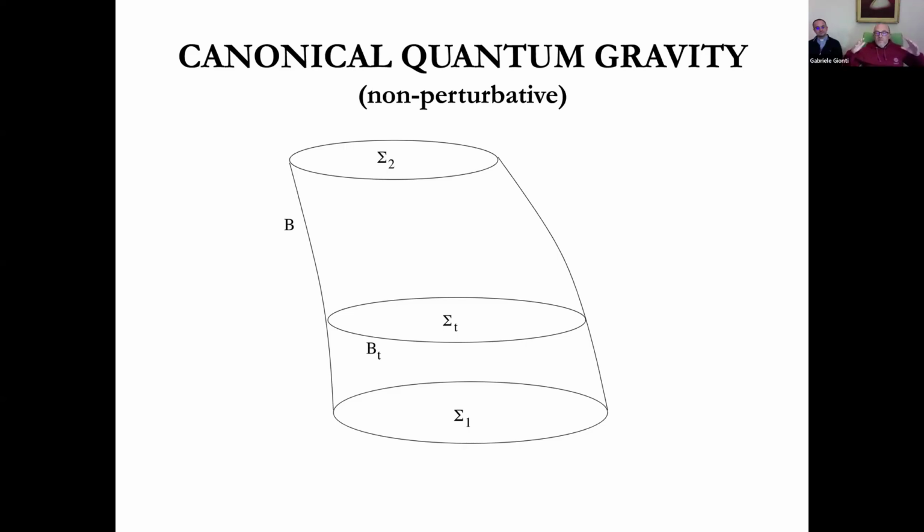But in order to write a Hamiltonian theory, you have to suppose that space-time is a space that develops in time, because this is the only way to build a basis on which to write a Hamiltonian theory.